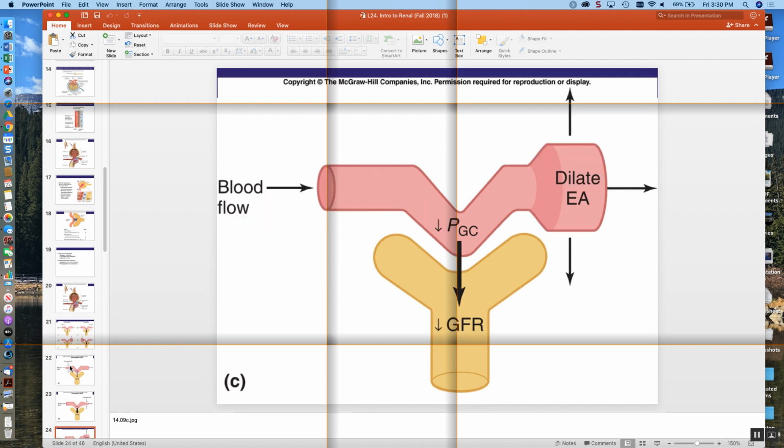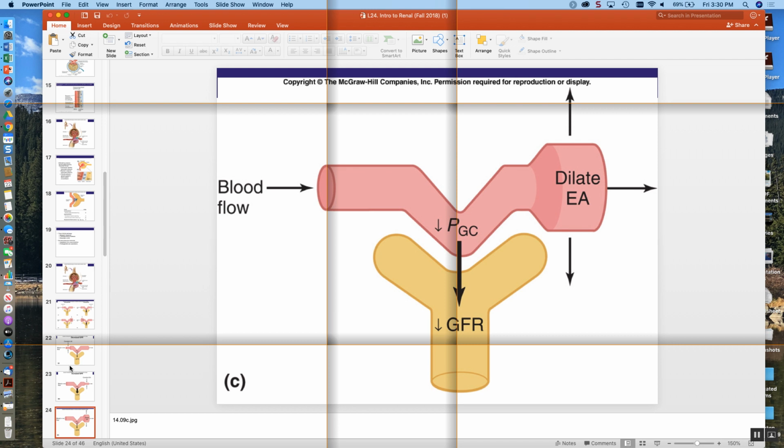Question? No. Okay. And then this, to me, when I was a student, was a little less intuitive. Okay? So knowing, you can kind of work backwards in some ways. If you now dilate the efferent arterioles, it's going to be the opposite of constriction. So you're going to decrease the hydrostatic pressure in the glomerular capillaries and decrease glomerular filtration rate.